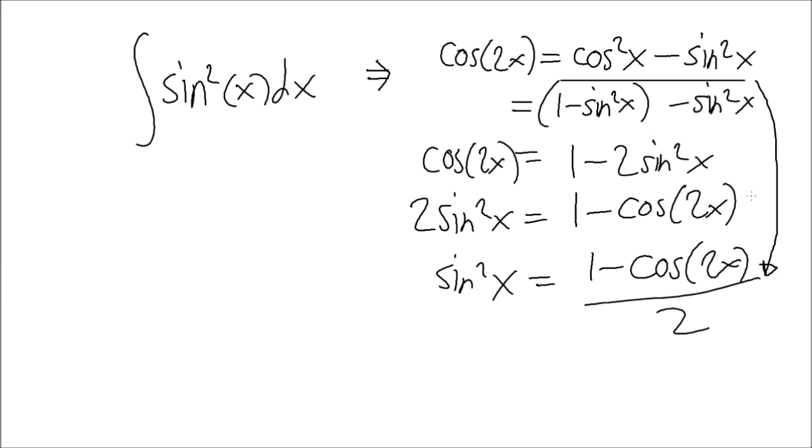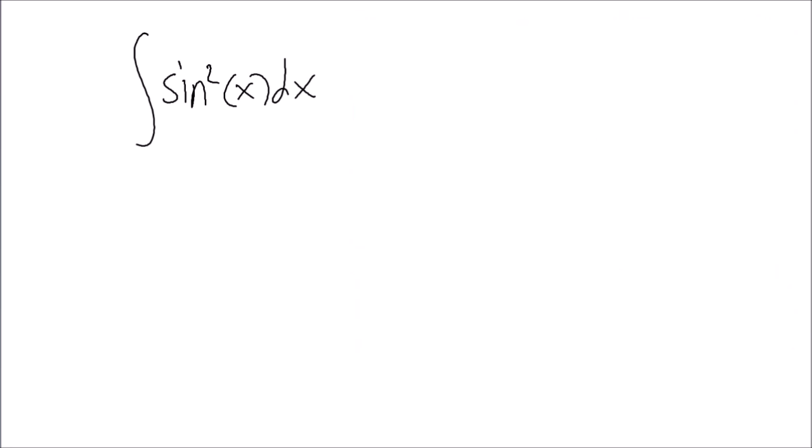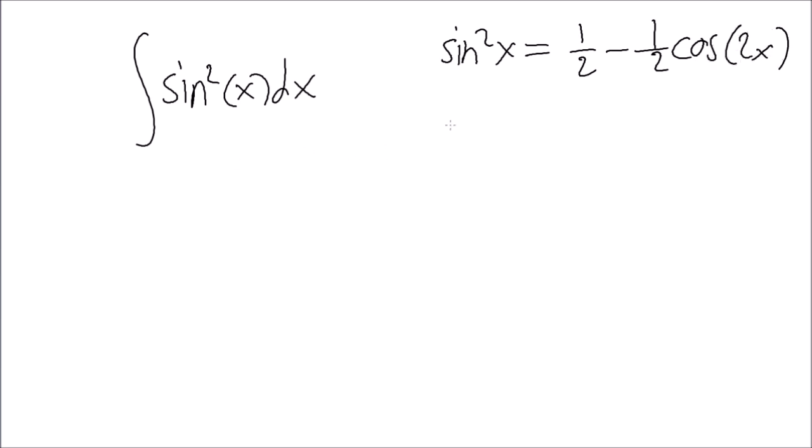Okay, I know what to substitute for sine square, right? But in general, if you keep practicing a lot, you'll start to develop the memory. Sine square is equal to half minus half of cosine 2x, and that's what we're going to substitute.